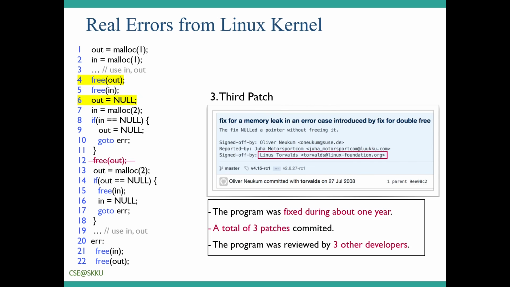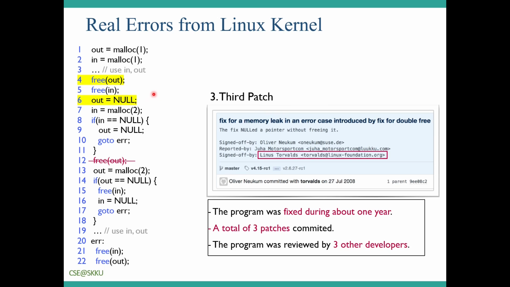To fix this leak, the developer moved the free(out) statement from line 20 back to its original position at line 4. In addition, they nullified the buffer out at line 6 to prevent the imaginary double free.